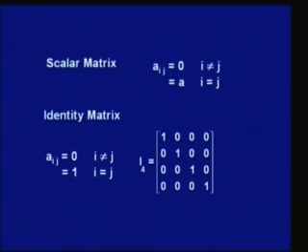So, I4 is an identity matrix denoted by I, and 4 represents its order. I4 is an identity matrix of order 4. It has 1 as the diagonal elements and all other elements are 0. So, this is an identity matrix.